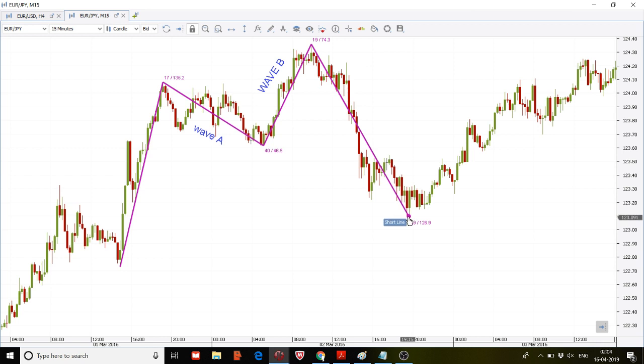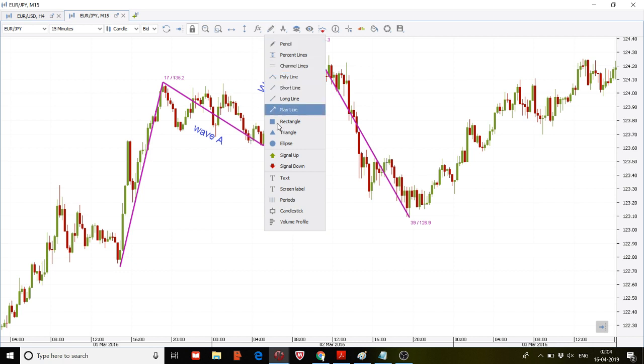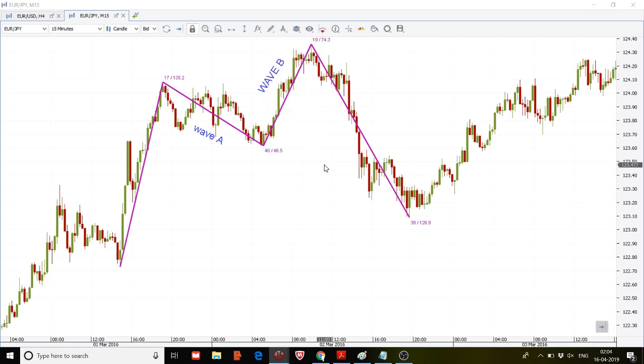As per our guideline and rule, wave C should be longer than wave A and wave B. So we have got the longest wave in the series, and let us name it wave C.